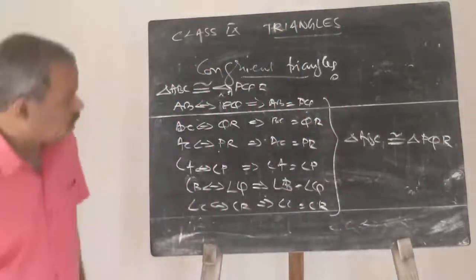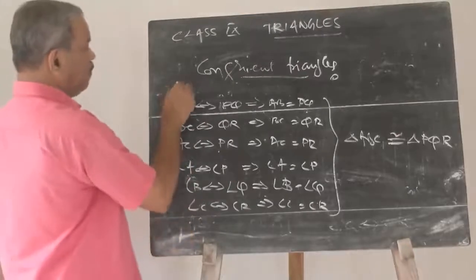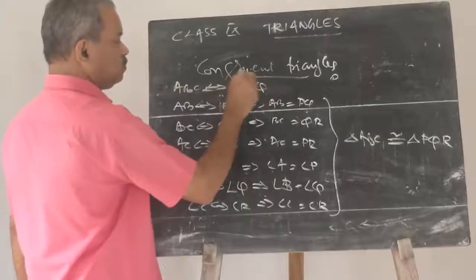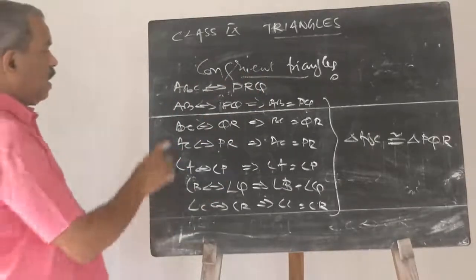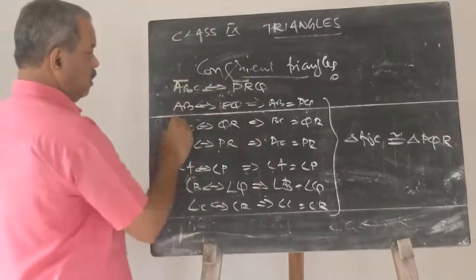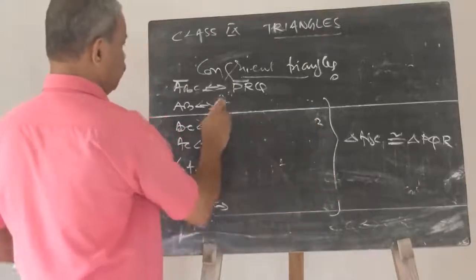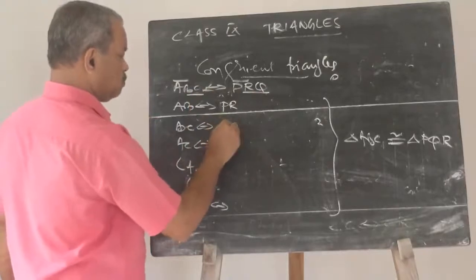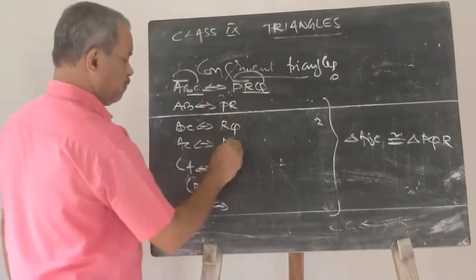Now suppose the given correspondence is this. ABC corresponds to PRQ. What is the meaning of ABC corresponds to PRQ? AB corresponds to PR. BC corresponds to RQ. AC corresponds to PQ.